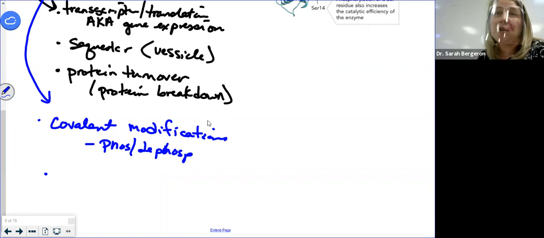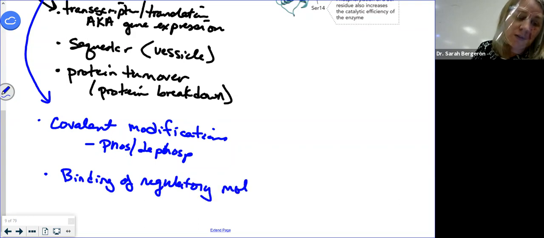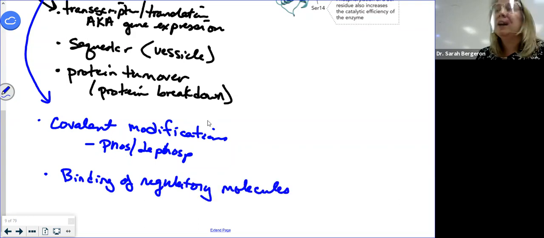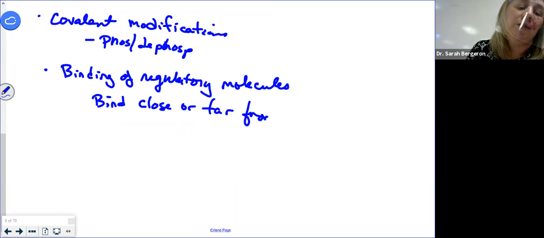So do you remember when we were talking about hemoglobin and we were talking about 2,3-BPG and we were talking about CO2 and O2 and all. So you can have binding of regulatory molecules. And they can bind close to the active site or they can bind far. So they can bind close or far from the active site.